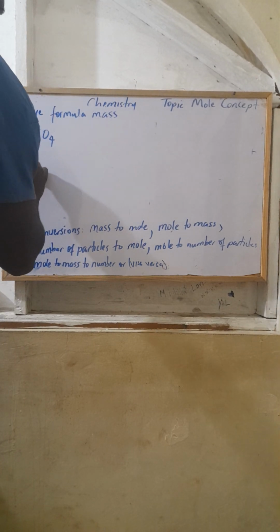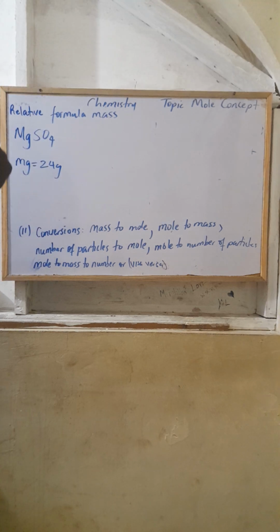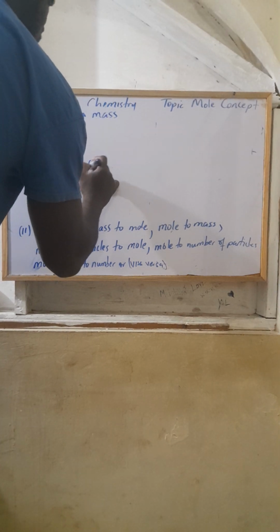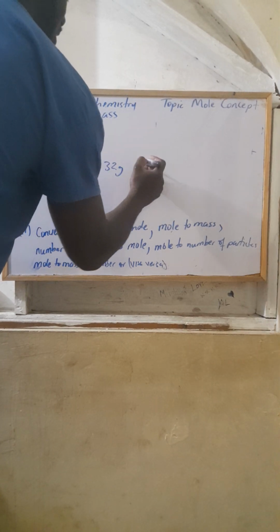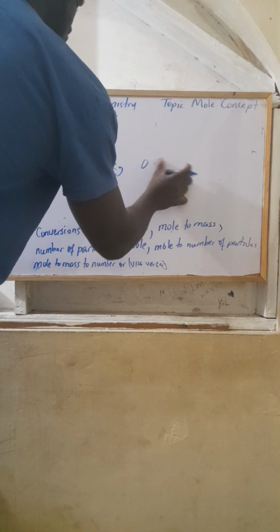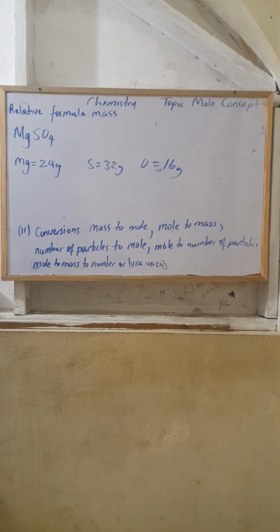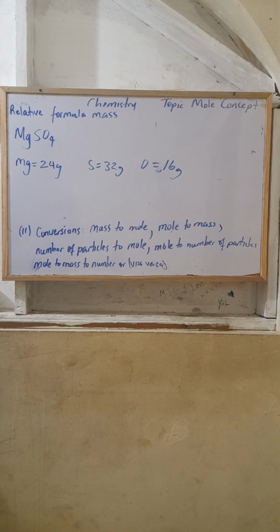So the mass of magnesium is equal to 24 grams. The mass of sulfur is 32 grams, and the mass of oxygen is equal to 16 grams.